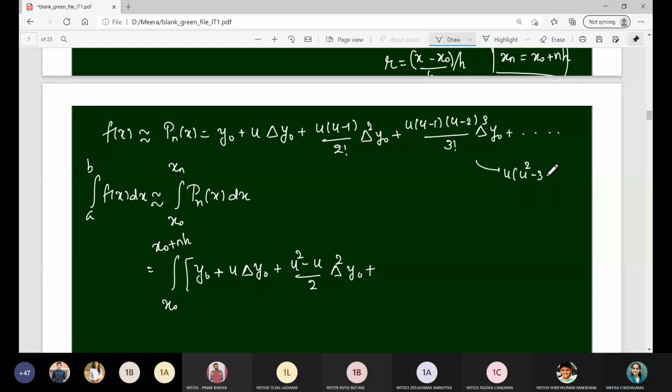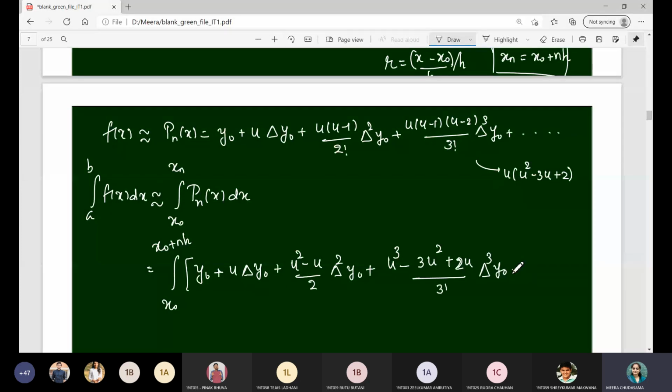I have multiplied these two brackets, so further multiplication will give you u cube minus 3u square plus 2u upon 3 factorial delta 3 y0 plus up to, dx, right?